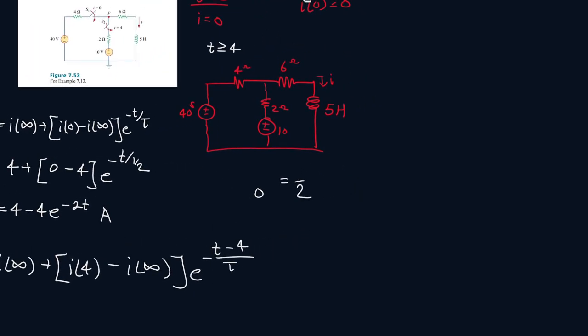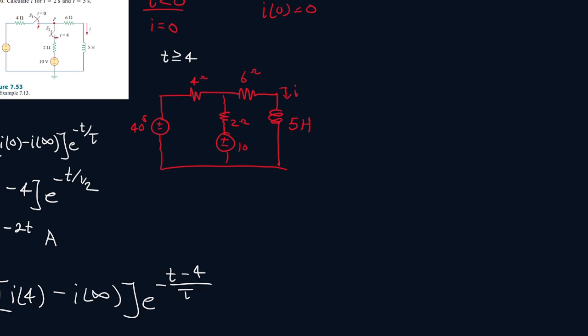Since we're taking t to be greater than or equal to 4, we can solve for I infinity. For the voltage at this inductor, it's going to be the inductance value times the change in current over the change in time. Time goes to infinity, so the voltage is 0. So we can short circuit here. And now we can do a nodal analysis.